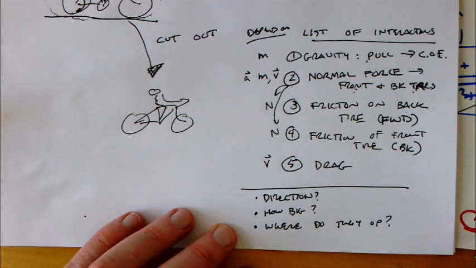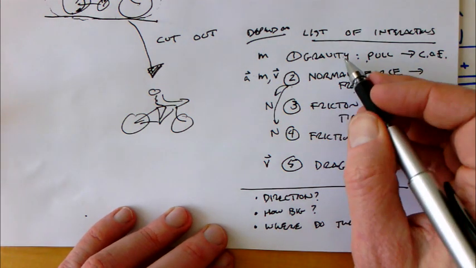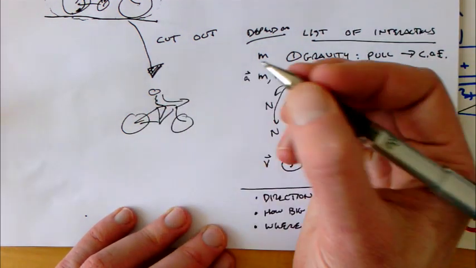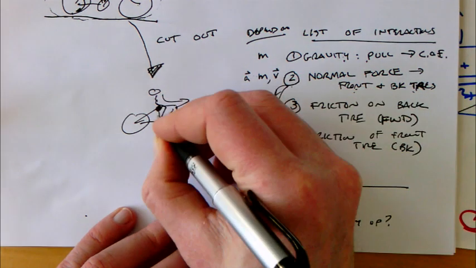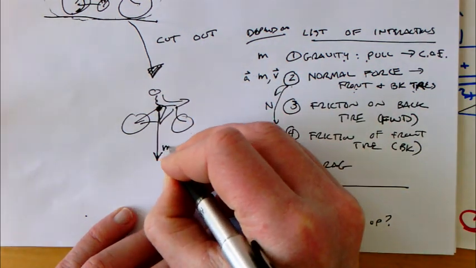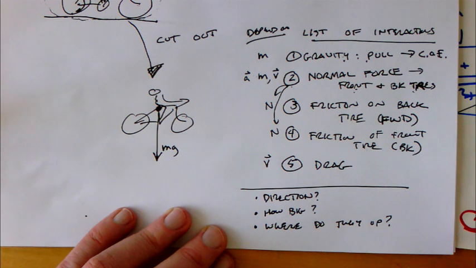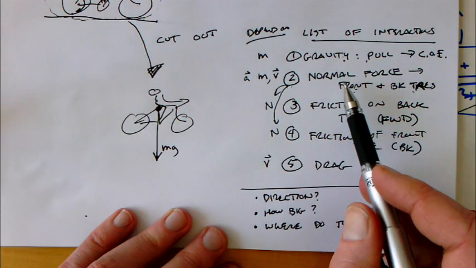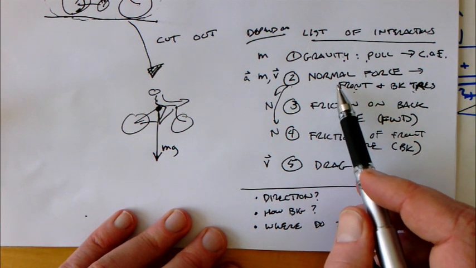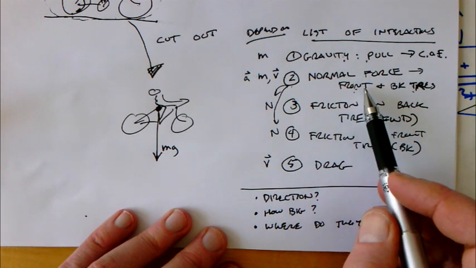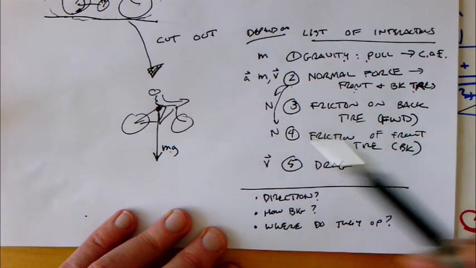Okay. So let's go down the list. Gravity. Gravity is going to act at the center of mass of the person-bike system. So nominally, let's say that's about here. Gravity pulls them down. Assuming that the rider is not accelerating up a hill or going over the crest of a hill or something, the total normal force will be equal to mg.